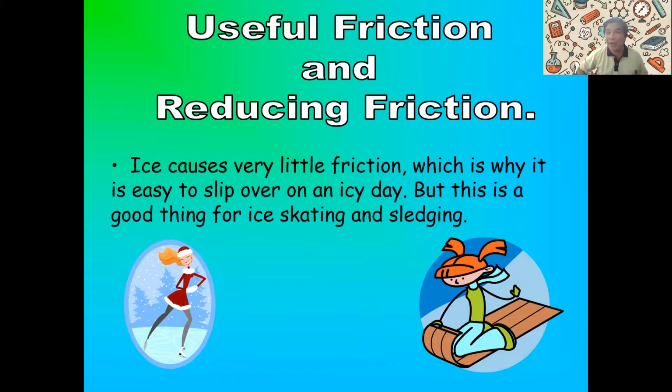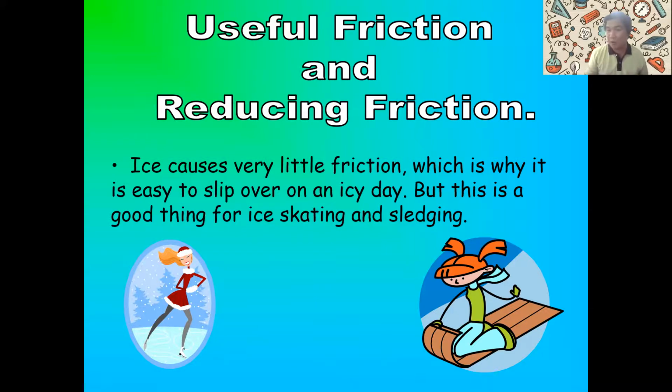Have you tried ice skating? If you have, you will know that it's very hard to walk on ice, even without wearing skates, because the ice has very little friction. So it reduces our ability to walk or move.